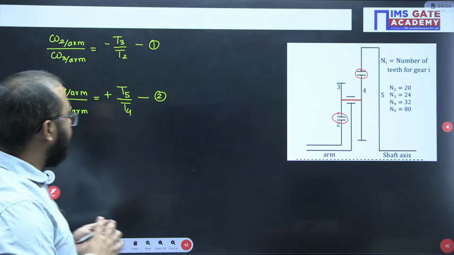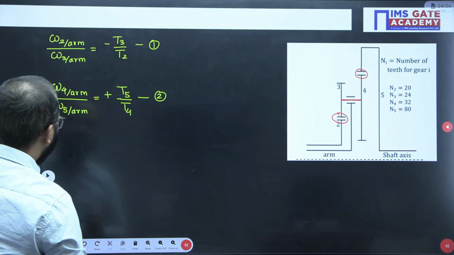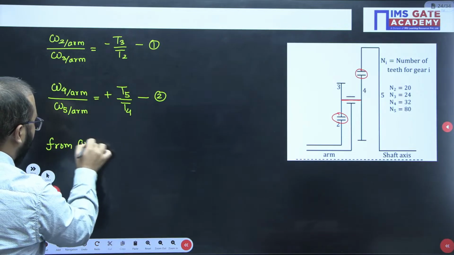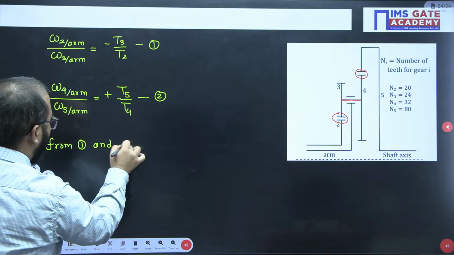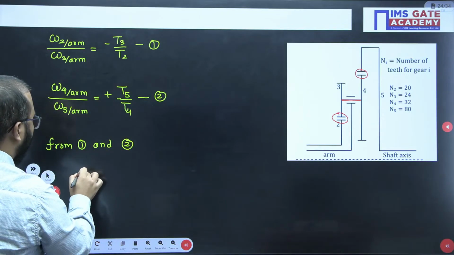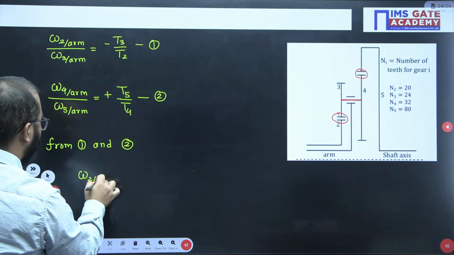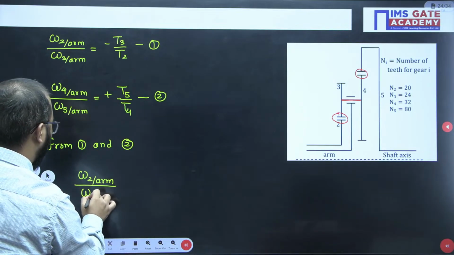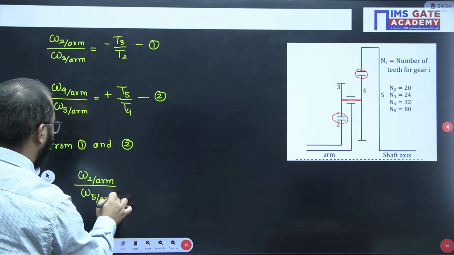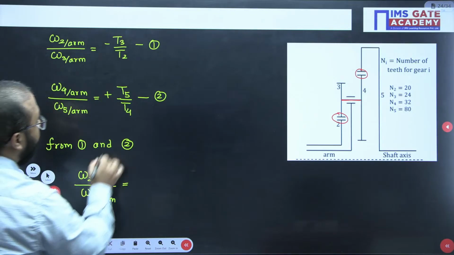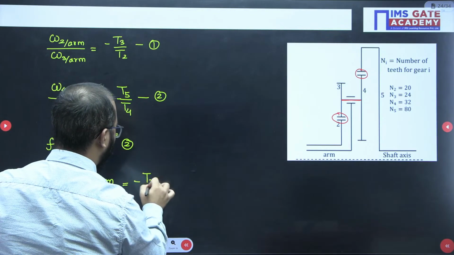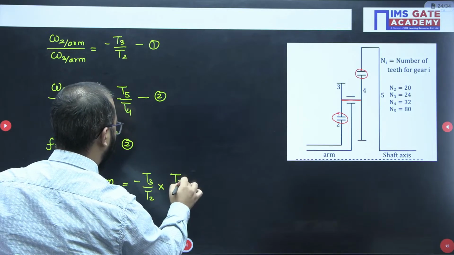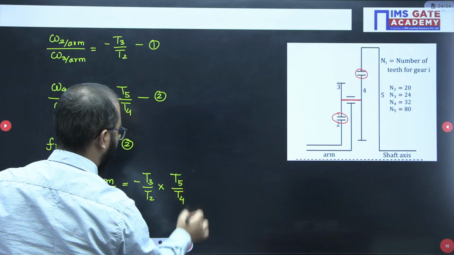So from equations 1 and 2, omega 2 with respect to arm divided by omega 5 with respect to arm equals minus T3 by T2 multiplied by T5 by T4.